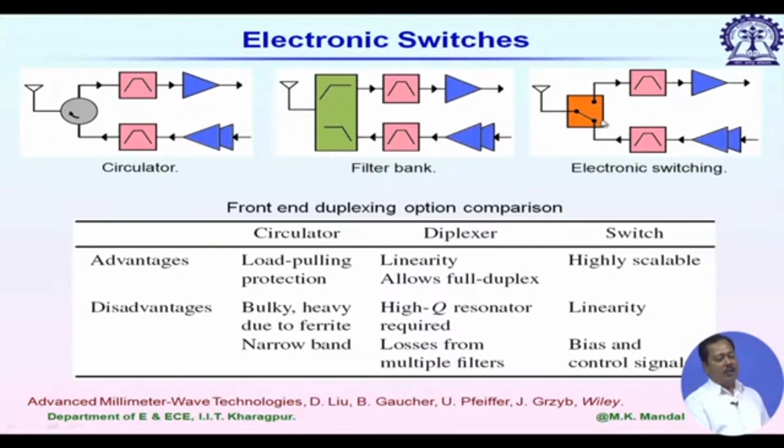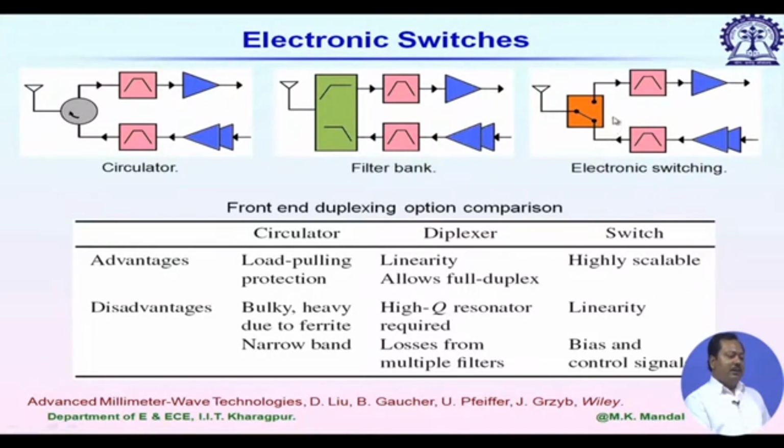So, there must be very good isolation between the transmitter and receiver, otherwise there will be leakage. And also when the switch connects one line, let us say transmitter to antenna, it should provide very low insertion loss. So, this low insertion loss and high isolation are the characteristics of any solid state based switch.